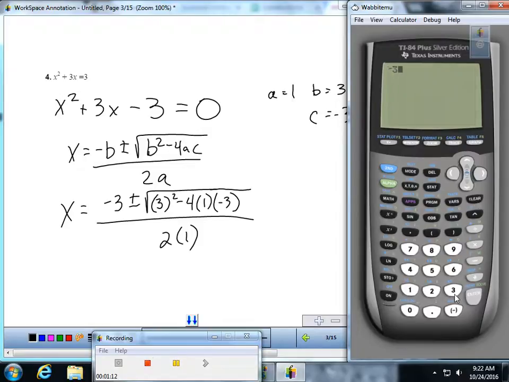Minus 3 plus square root, parentheses 3 squared minus 4 times 1 times negative 3. Okay, divide by 2. You get 0.7913.